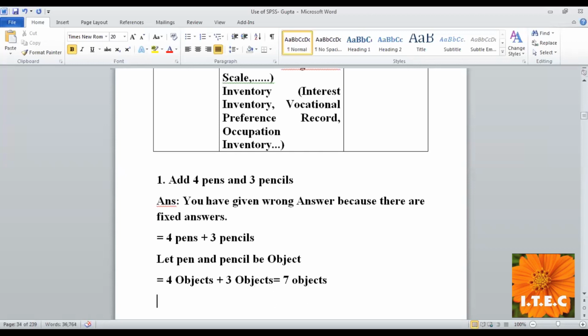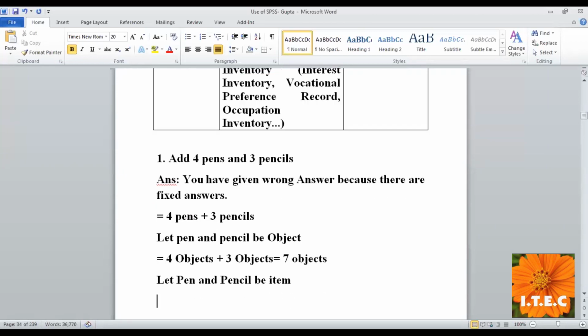Or say let pen and pencil be item, then you can say 4 items plus 3 items is equal to 7 items.